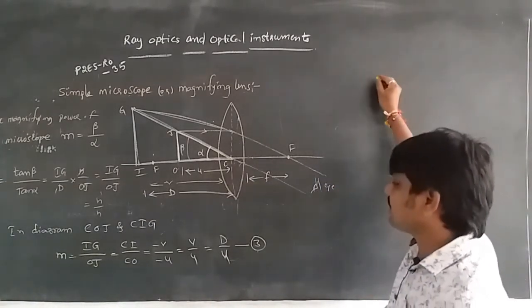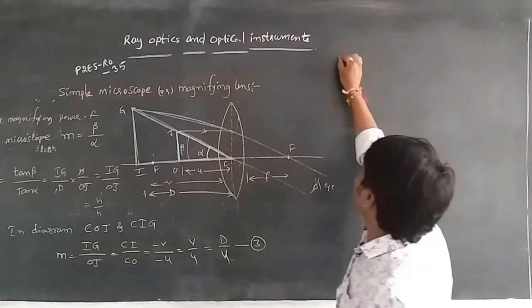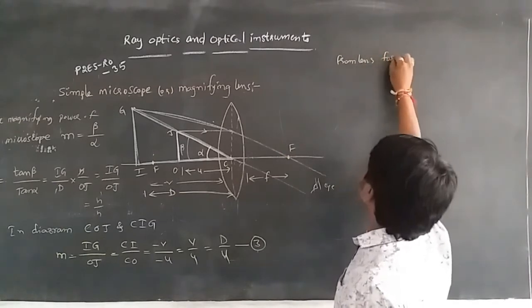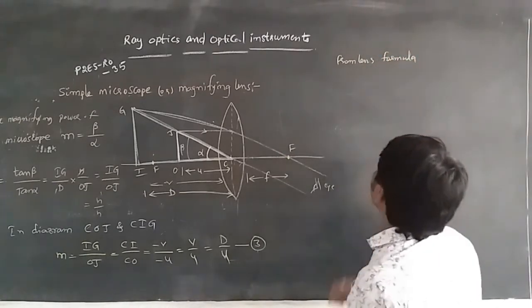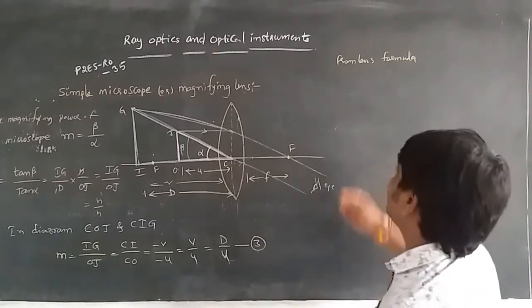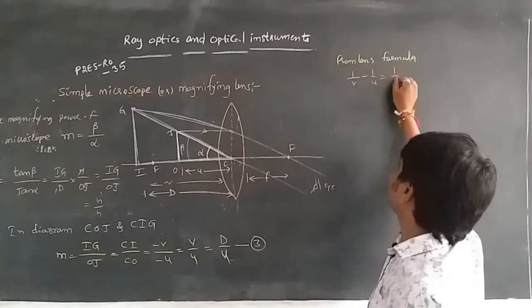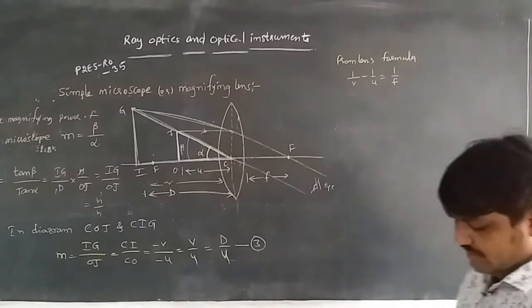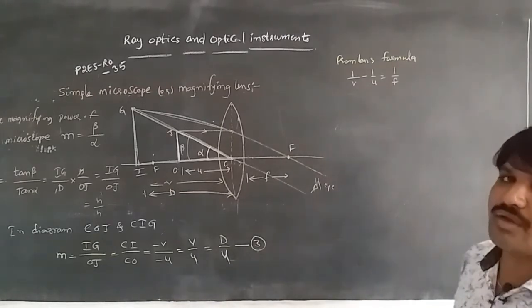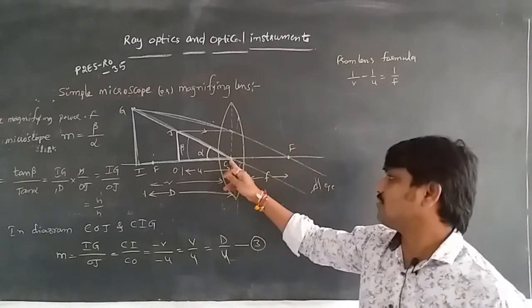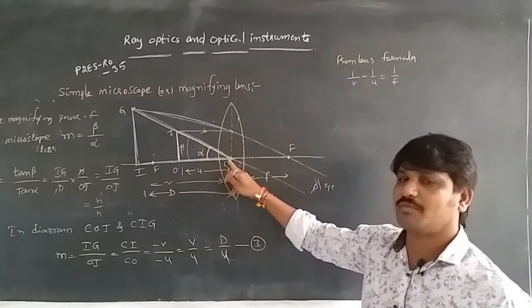Then, from the lens formula, we have 1 by V minus 1 by U is equal to 1 by F. When we substitute, all distances are measured from the optical center.